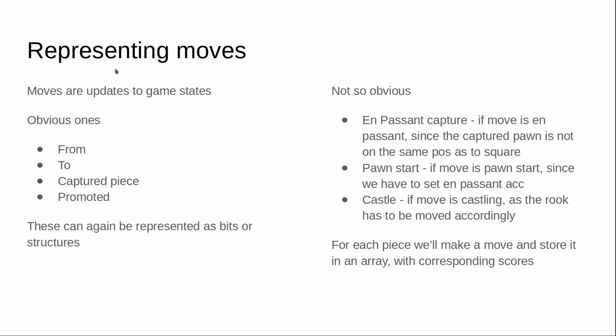So keeping those things aside, we would focus on the other important thing of your game state, which is moves. So moves is actually different from game state, but it is an important part of the board representation, because moves are essentially updates to your game states.